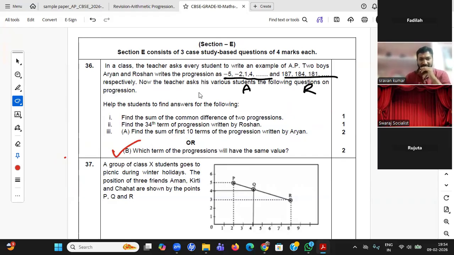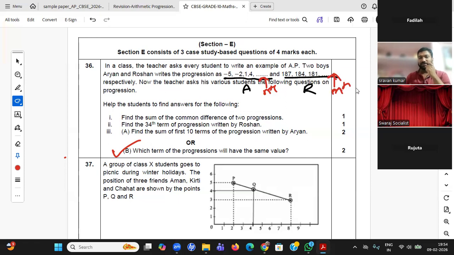Some students already gave the answers also. Very good. Which term of the progressions will be the same? That means if I go on to the right in this one, you will get some value. If I go on to the right in the other, I'll get some value. So which term will you get that same value? Generally, let us go for the nth term and the mth term.